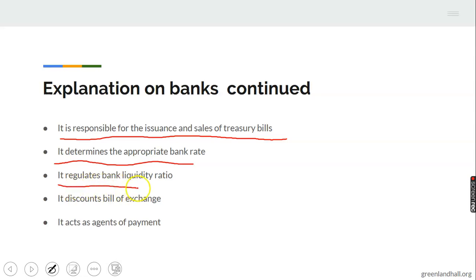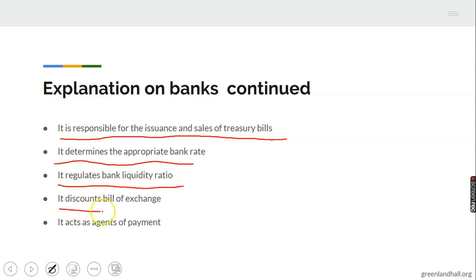It regulates the bank liquidity ratio, that is, it determines the volume of cash that is available to other banks, especially commercial banks. It regulates the amount of money that is with them to meet the needs and demands of their customers from time to time.